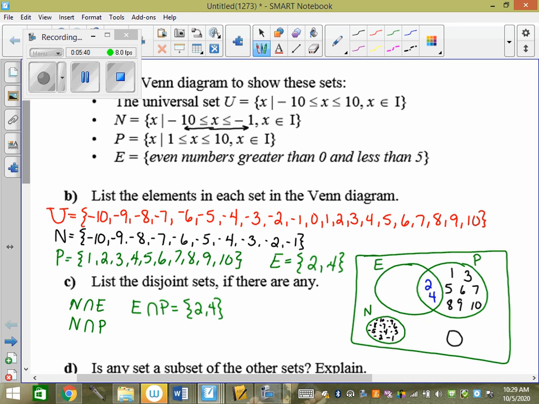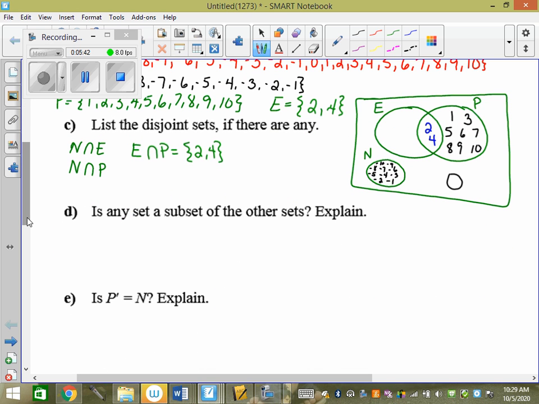Okay. Is any set a subset of the other sets? Is any set completely engulfed in another set? Yeah, which one?